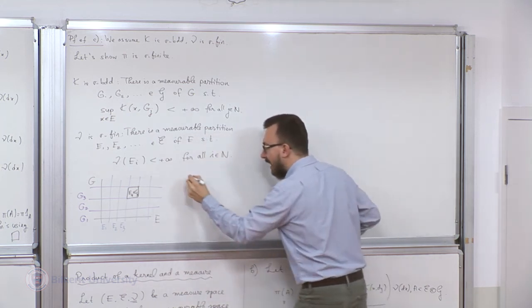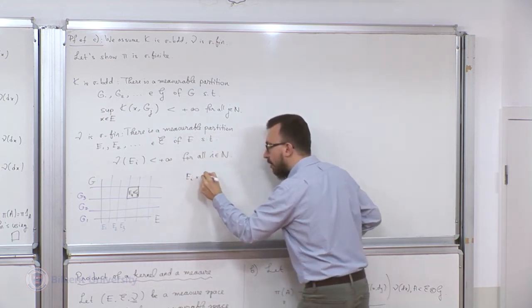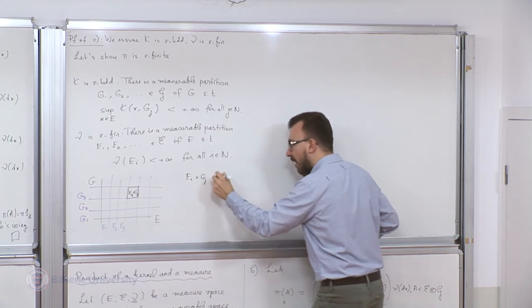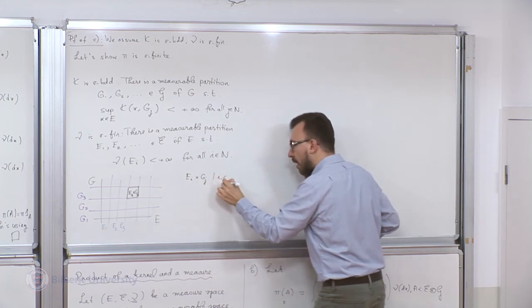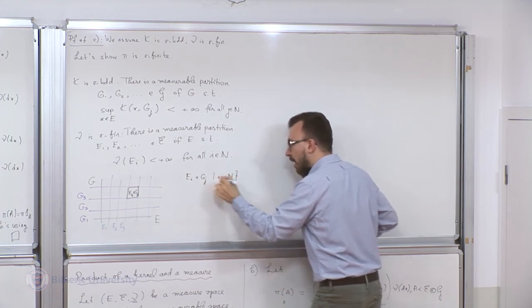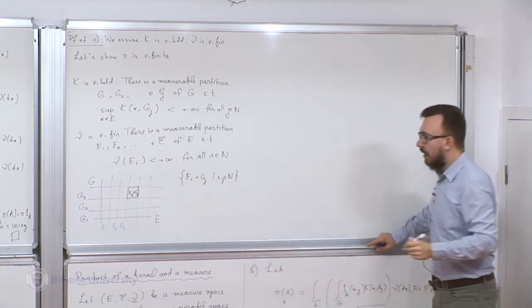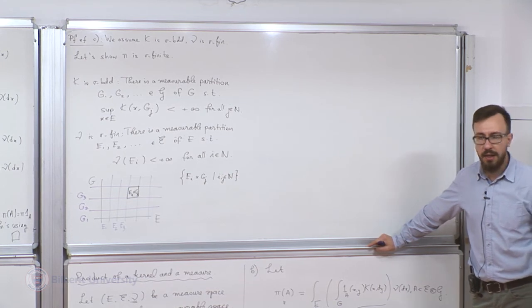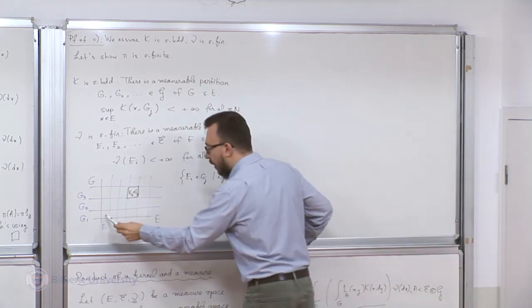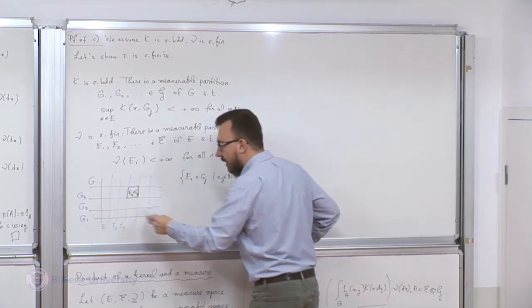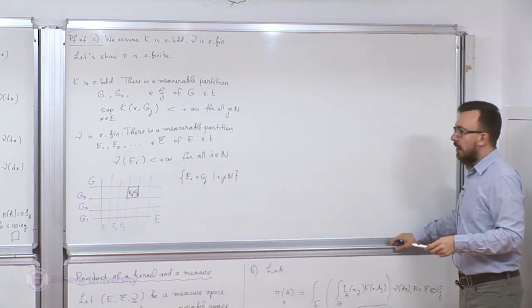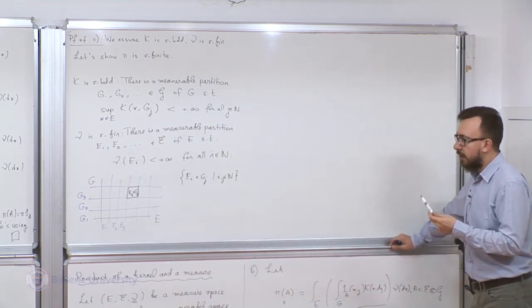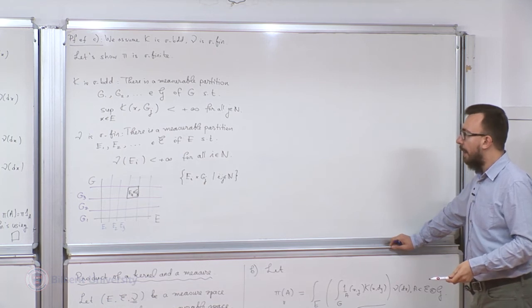So I can look at sets of the form Ei cross Gj. Those rectangles form also a countable family, right? You can count them as 1, 2, 3, 4, 5, 6, 7, etc. And they are measurable sets because they are measurable rectangles.